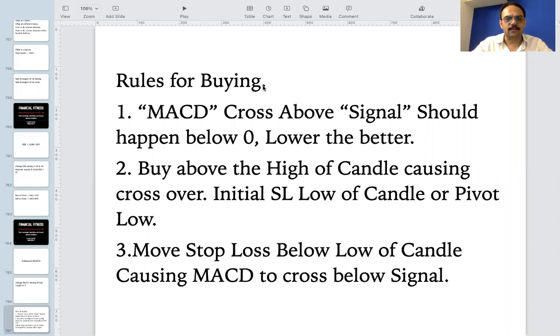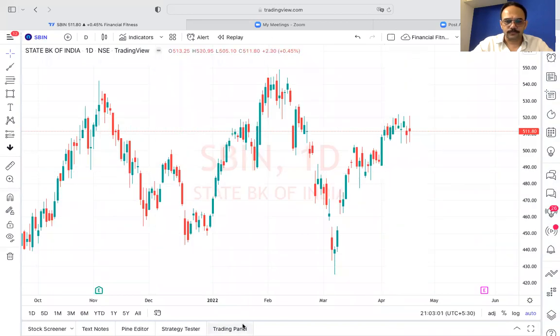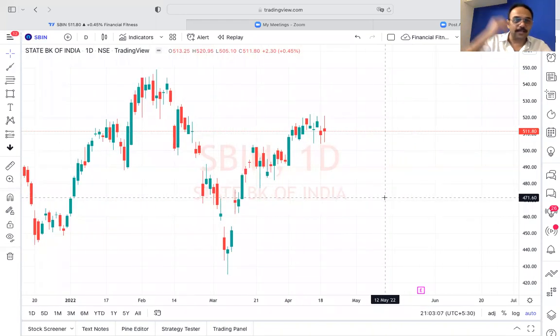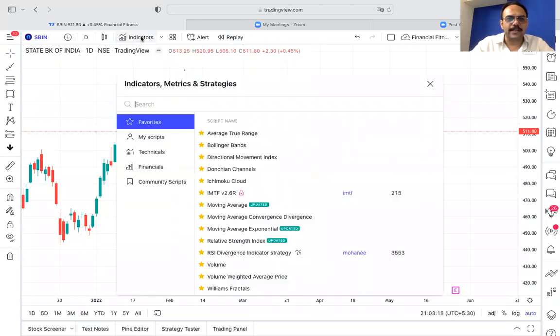Here we are on TradingView. Are you able to see the State Bank of India's chart on your screen? Yes? Okay. Now what we do is put the indicator.